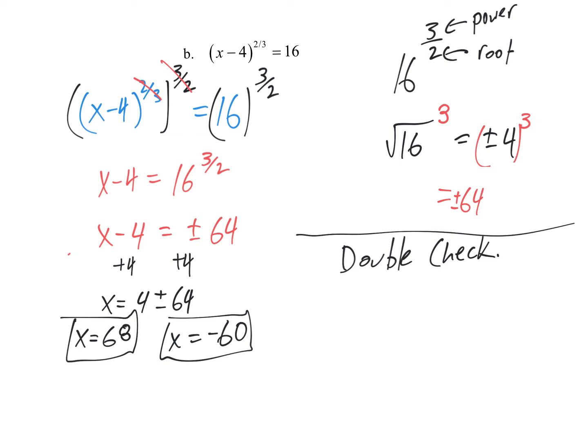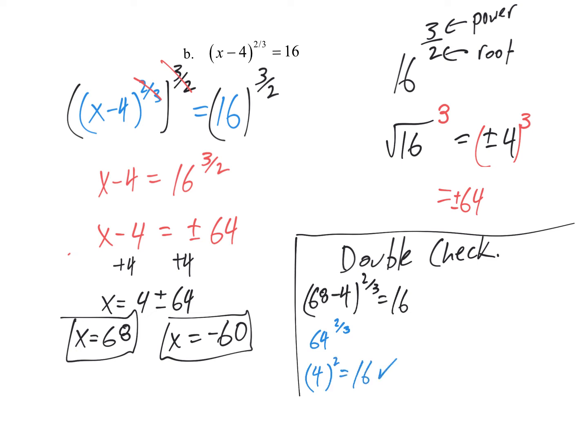Let's plug it back into our original equation. So here we go, 68 minus 4 to the 2/3 power equals 16. And let's go ahead and solve this. So we get 64 to the 2/3, which ends up being 4 squared, which does equal 16. Okay.